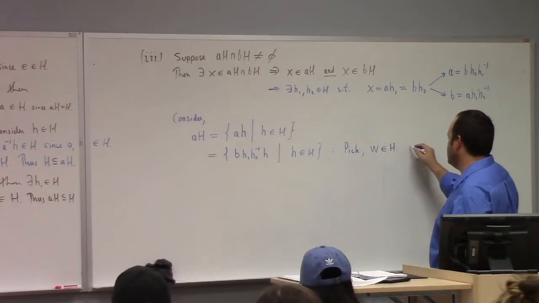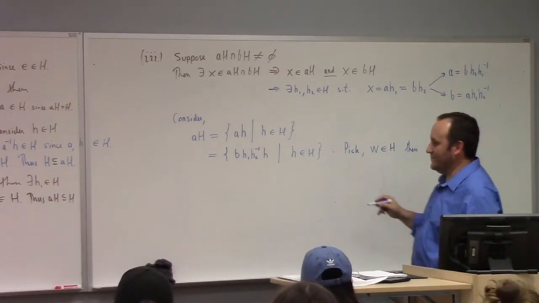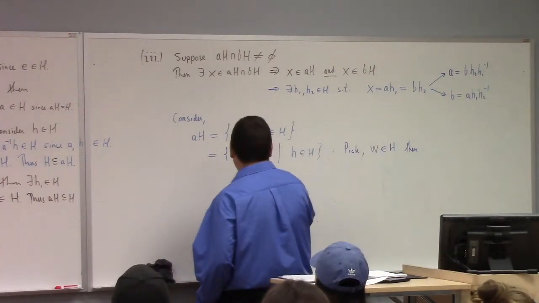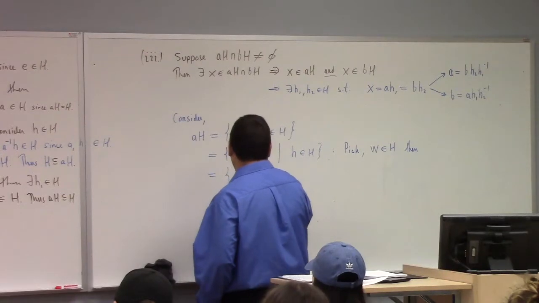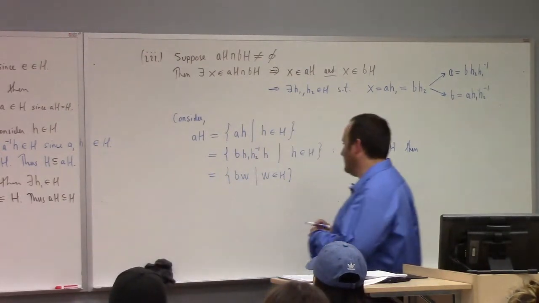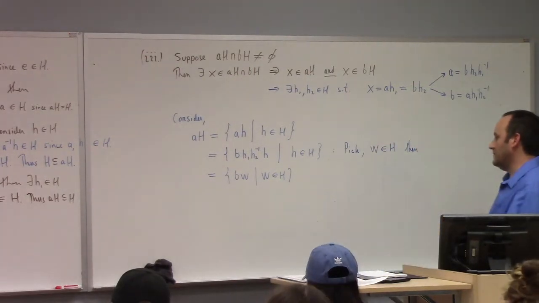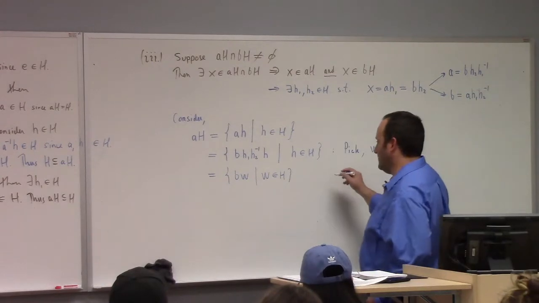Can we rewrite then? I'm trying to think of, I'm missing my words here, guys. What I want to say is that this is the same as B times W, such that W is in H. But I don't think that's quite convincing. How can I prove that?